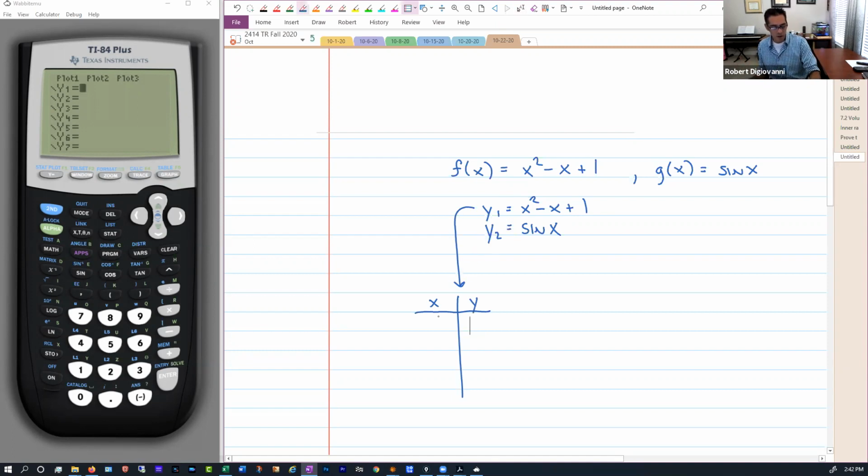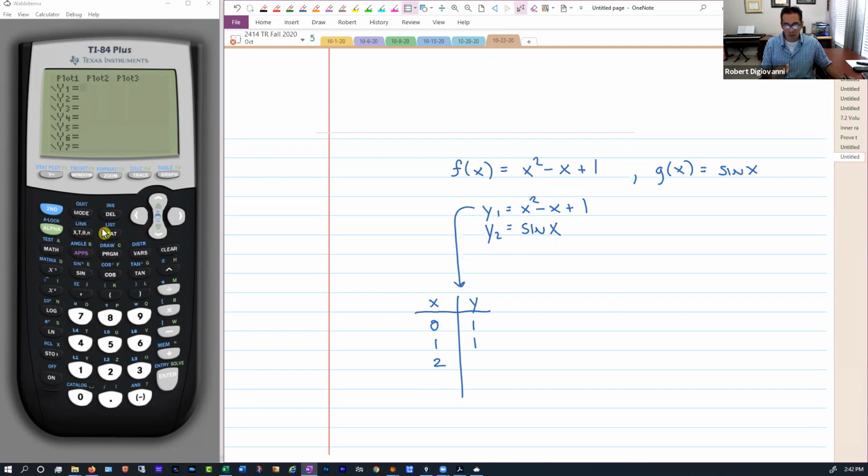So your calculator goes, oh, I'm going to let X be 0, plug that in here, and I get 1. And then it says, I'm going to let X be 1 and plug that in and I get 1. And it says, I'm going to let X be 2, and then it spits out a Y. So every time you plug in an X, it spits out a Y, right? And it does that for both of those. So we just go in here and we type that in, right?